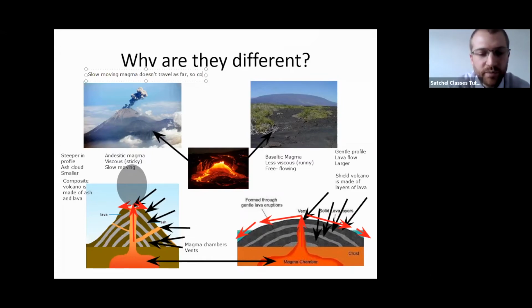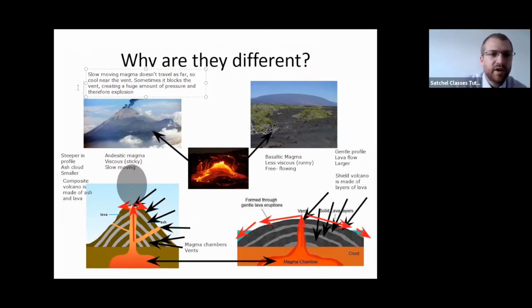So cools near the vent, sometimes it blocks the vent, creating a huge amount of pressure and therefore explosion.